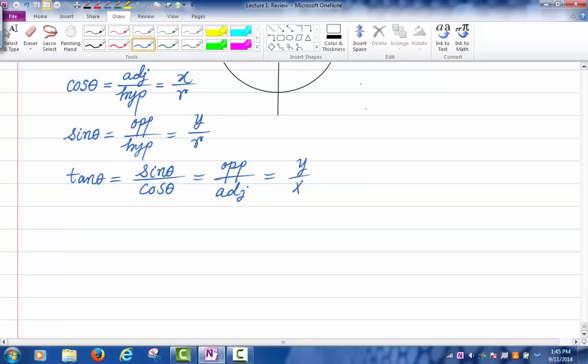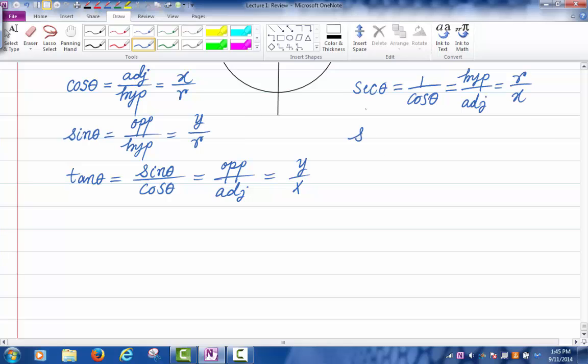And then what is secant theta? It's the reciprocal of cosine theta, which is the same as hypotenuse over the adjacent, right? It's the opposite of cosine, and then in terms of our symbols, it is what? It is r divided by x.